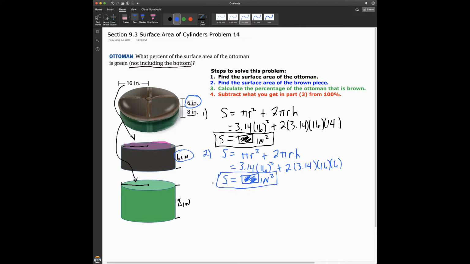Okay, so now we have 2 of those surface areas. For part 3, it says calculate the percentage of the ottoman that's brown.